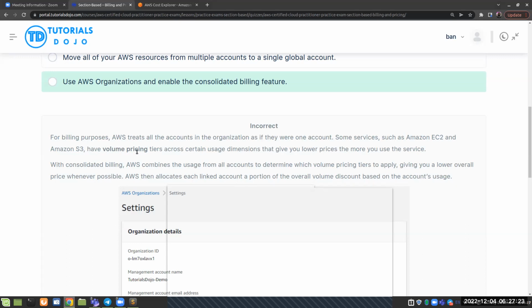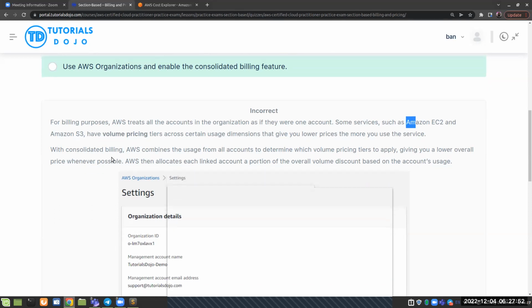AWS normally treats all accounts in an organization as if they were one account. That's the first thing, which we just talked about with what AWS Organizations is. You may have many accounts, but AWS will treat them as if it is one account. Then some services such as Amazon EC2 and S3 have volume pricing tiers across certain usage dimensions that give you lower prices the more you use the service. So EC2 and S3 will always benefit from consolidated billing.